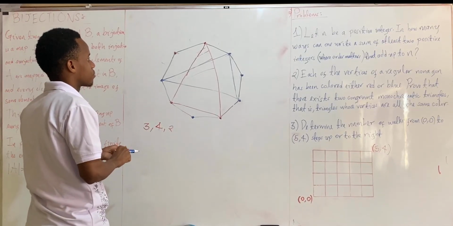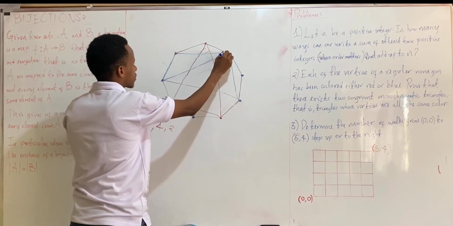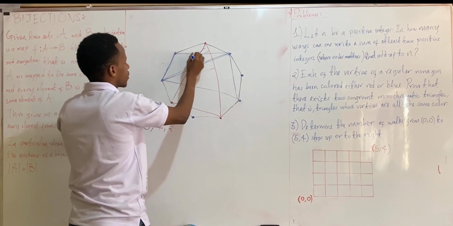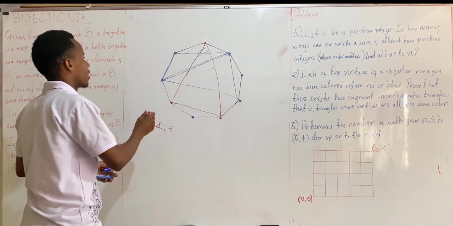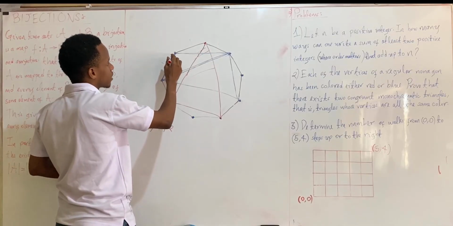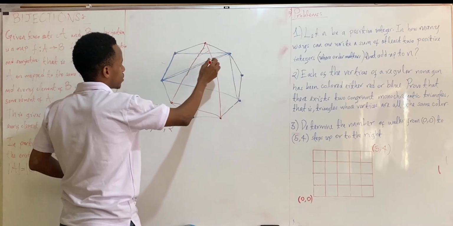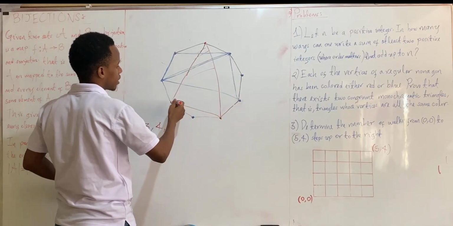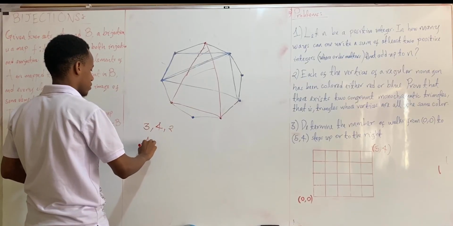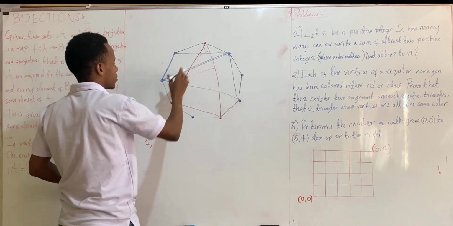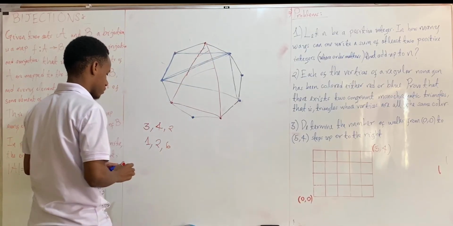For another example, you can try maybe this triangle. You can describe the length of this side as being equal to 1, and the length of this one to be equal to 2, and the length of this segment to be equal to 6. So in this triangle we can define it as 1, 2, 6.